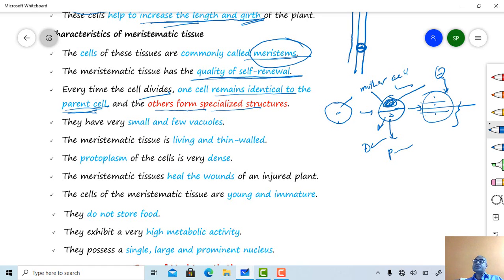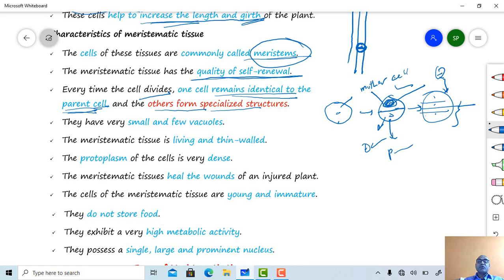It may produce either parenchyma, sclerenchyma, collenchyma, or it may produce the xylem or phloem. So every time a cell divides, one cell remains identical to the parent cell and the other forms a specialized structure.